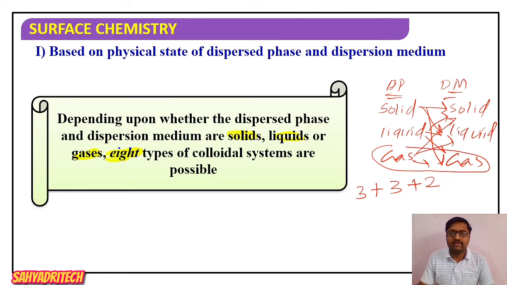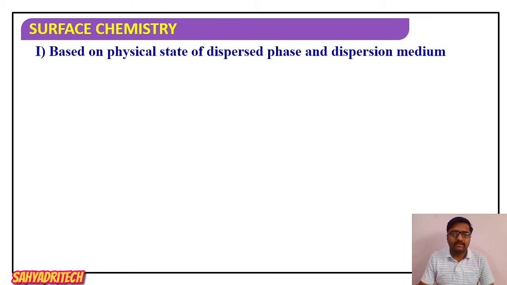We'll consider that later. So totally, 8 types of colloidal systems are possible based on the physical state of dispersed phase and dispersion medium. Let's consider one by one.